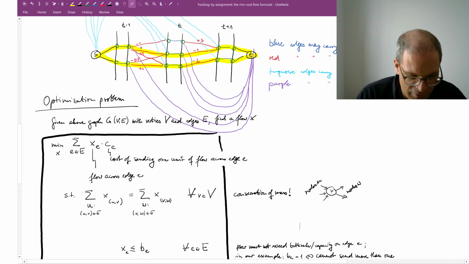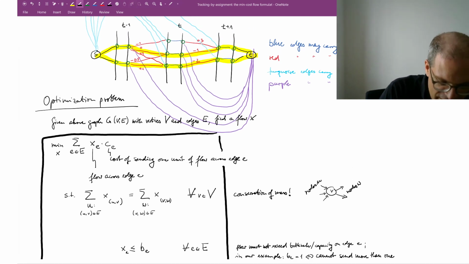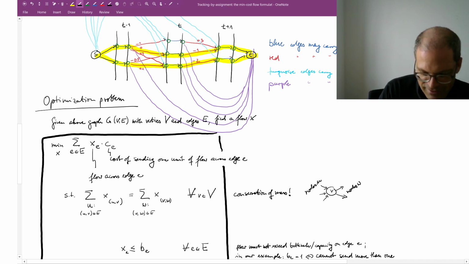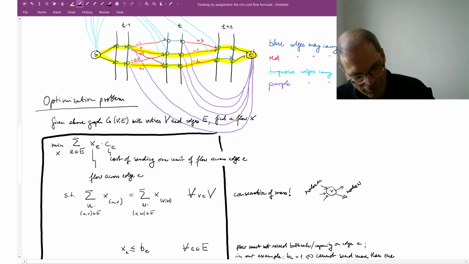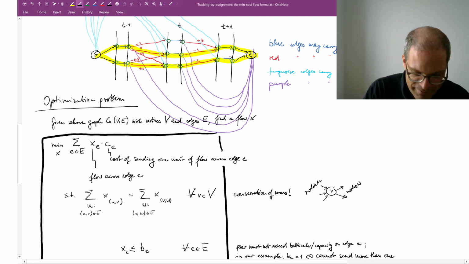Actually, I did not put arrows everywhere, but this is directed. The arrow of time has a direction. Anyway, for the turquoise and purple ones, I also need these arrows.